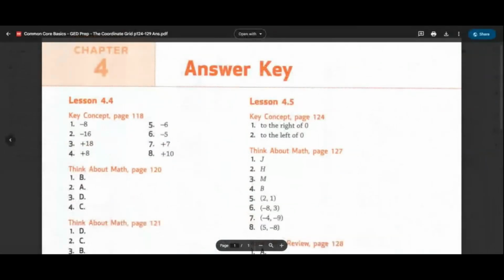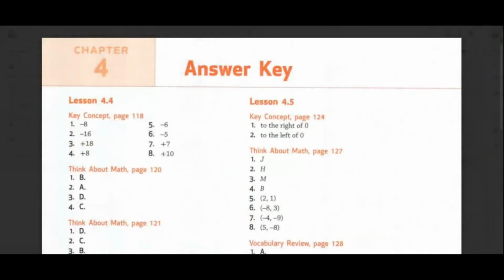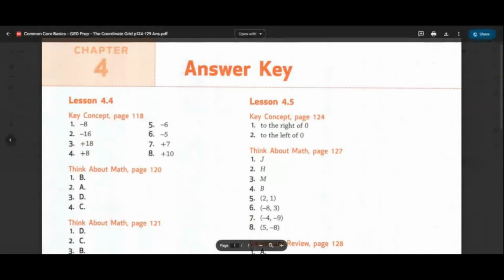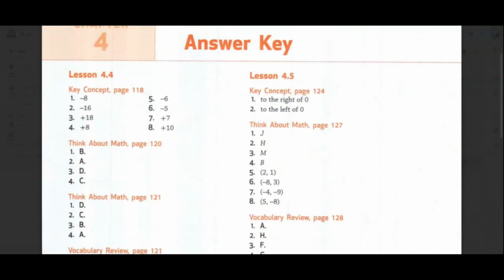It starts over here, 4.5. Well, keep working. I won't show all the answers yet until you tell me you're done.